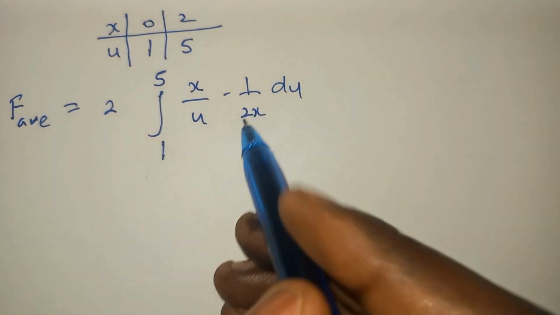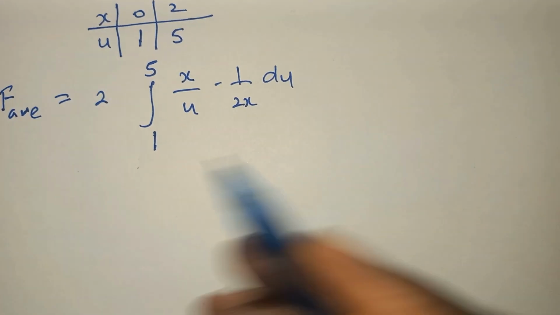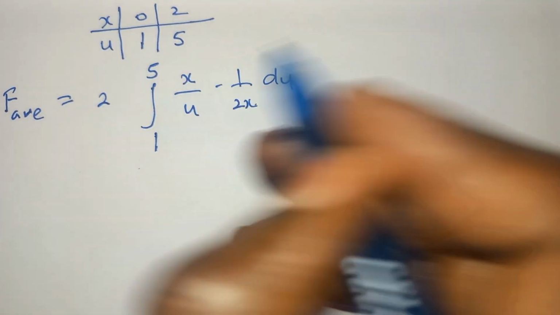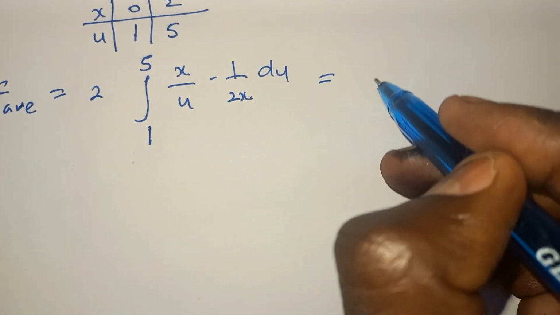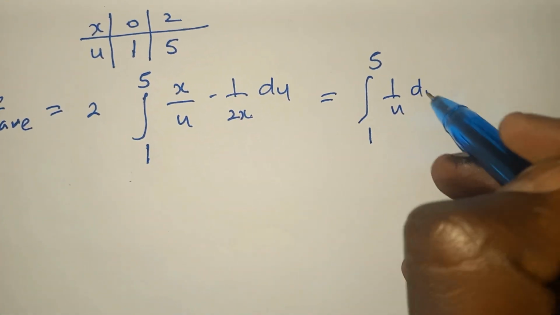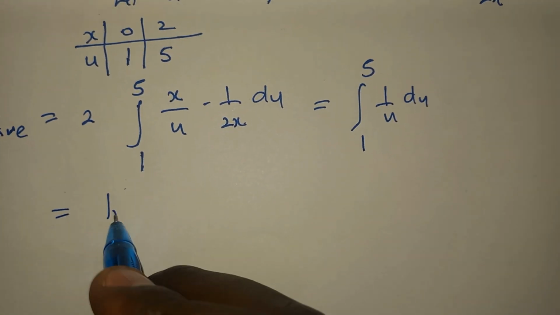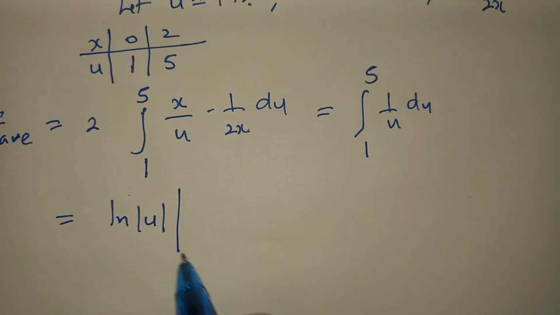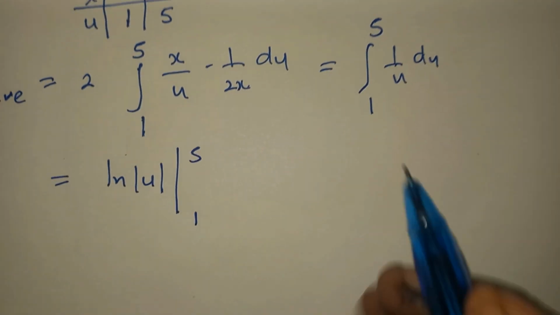Now, these 2 here and the 2 outside can cancel, and the x there can cancel, so that at the end of the day you have integral from 1 to 5 of 1 over u du, which is actually natural log of u from 1 to 5.